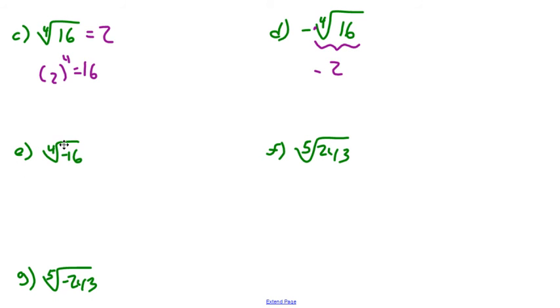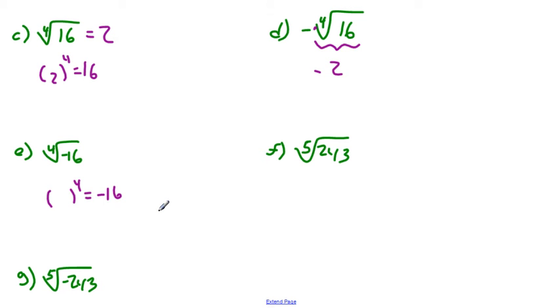Now check this guy out. Oh, snappers. Now we have a negative inside the radical right here. Crazy. Okay, so let's see if we can figure this out. This means what to the power of 4 equals negative 16?